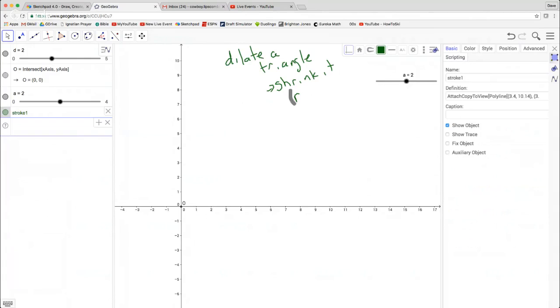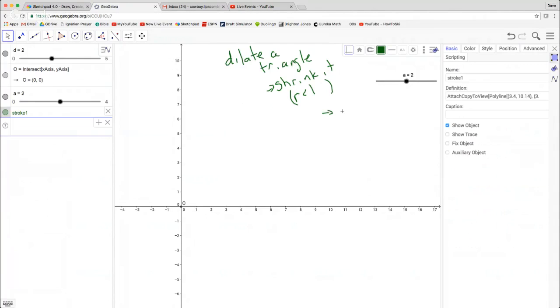If you're paying attention, you should remember that if you're shrinking something, your R factor is going to be less than 1. Right? 1 is 1 times the size. It is the same size. If it's greater than 1, you're blowing it up 2 times, 3 times, 1.5 times. If you're shrinking it, R is less than 1.